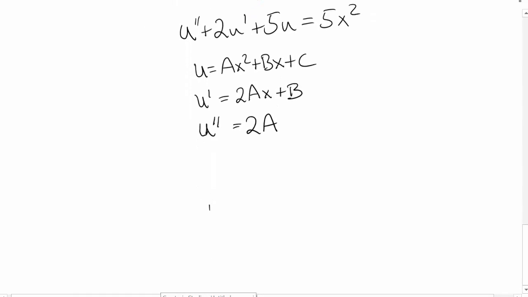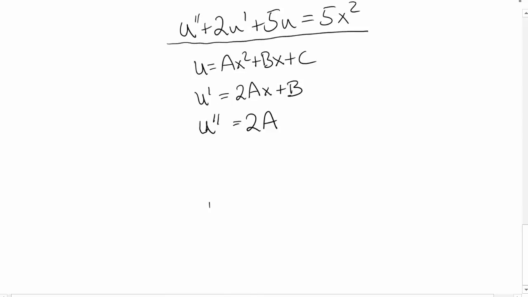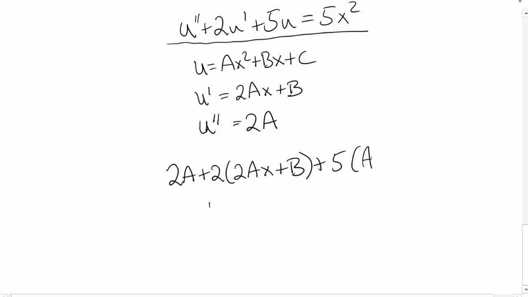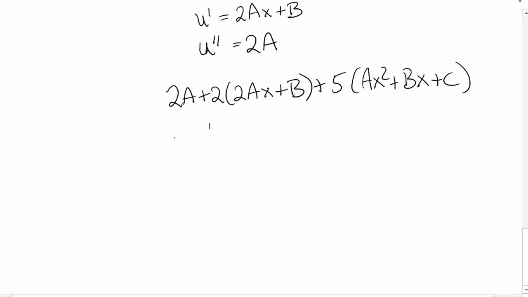So if I plug that into this DE right here, I'm going to get a 2a plus 2 times the first derivative, which is 2ax plus b, plus 5 times u, which is ax squared plus bx plus c. So if I combine like terms, the only x squared I got is a 5ax squared.